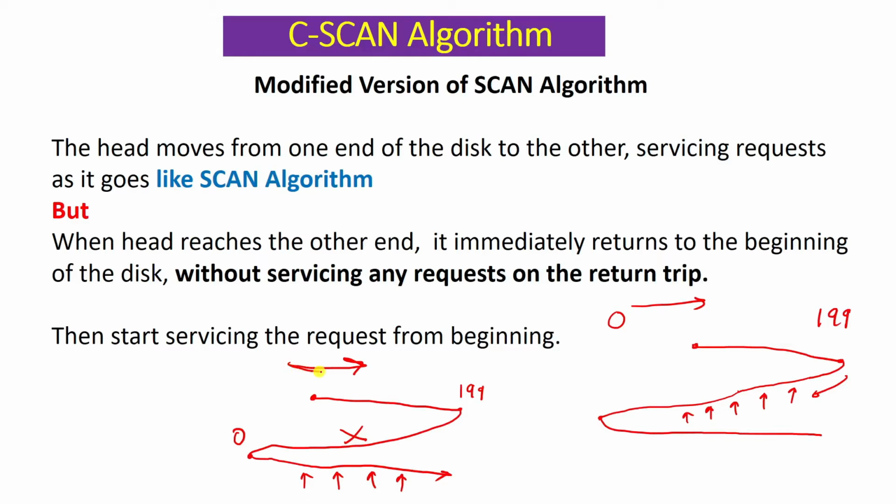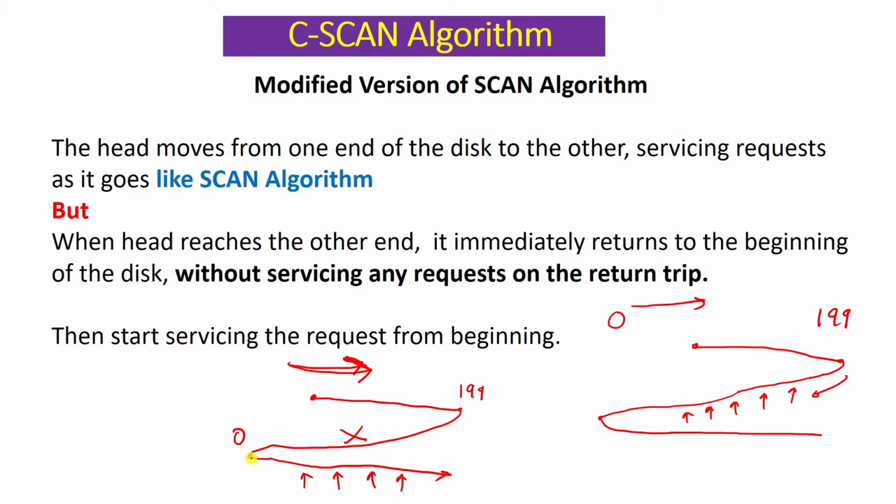So if the direction in which our read write head was moving is from lower cylinder number to highest cylinder number, we will start from the lower cylinder number toward the highest cylinder number, and we will service the various requests in between, whatever they are. After that we will change our direction, but we will not service any request.